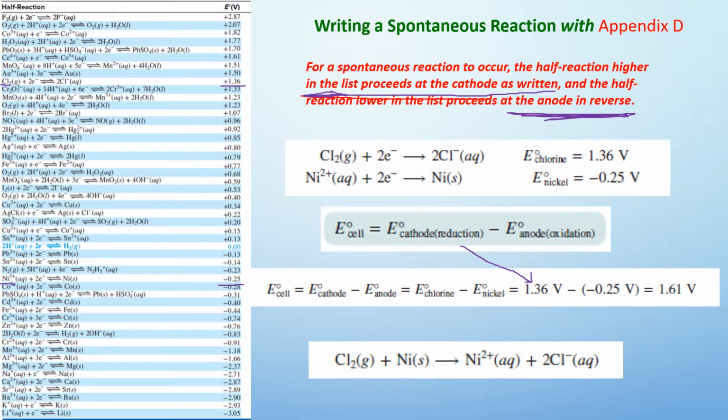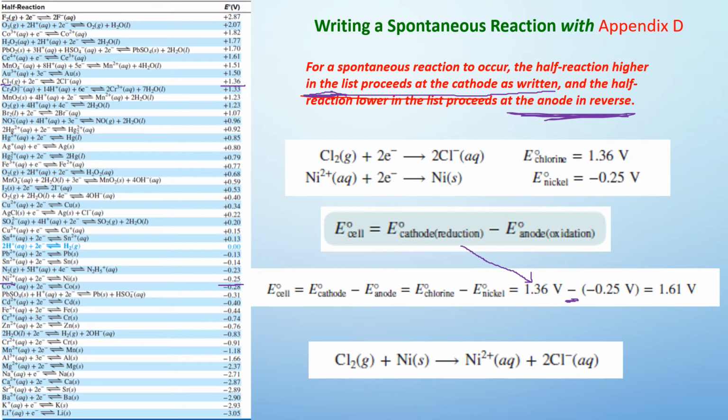And for the reaction lower in the list, nickel 2+ to nickel, we reverse the reaction to generate the overall reaction. So we subtract. Again, you don't have to change the sign here; the reverse process is indicated by this subtraction.